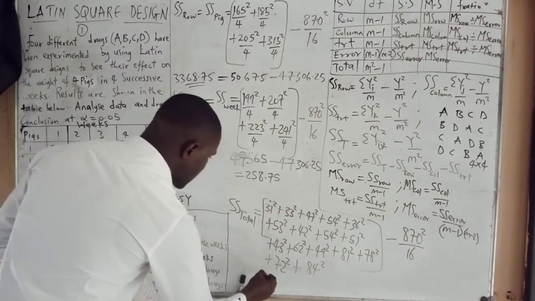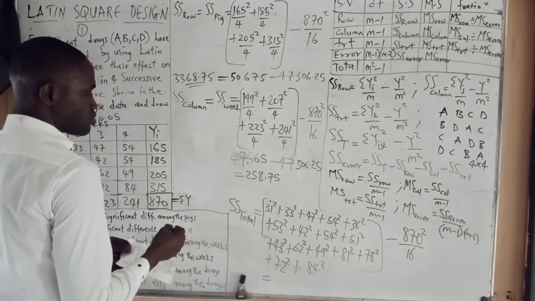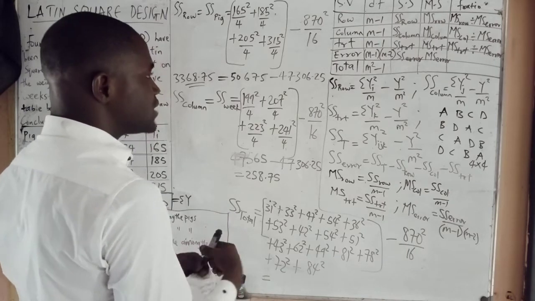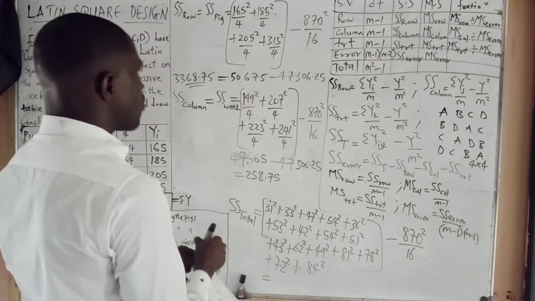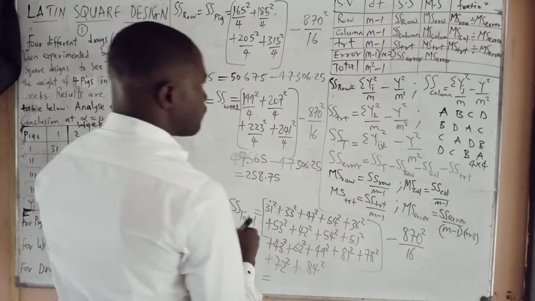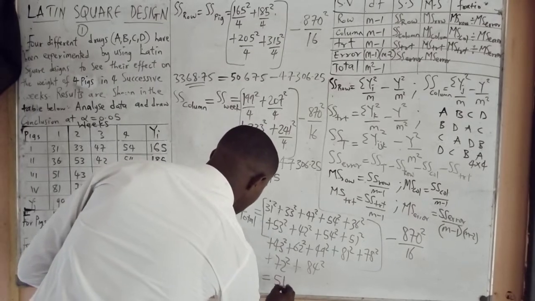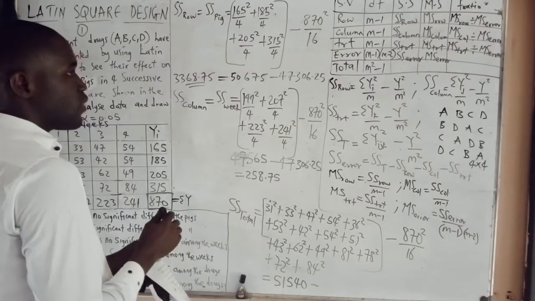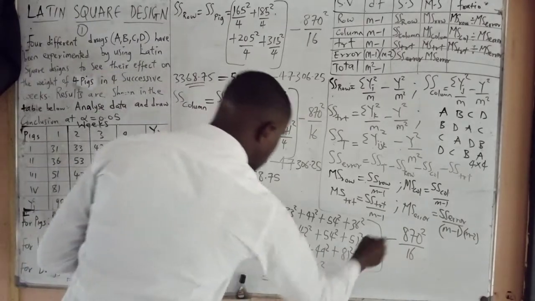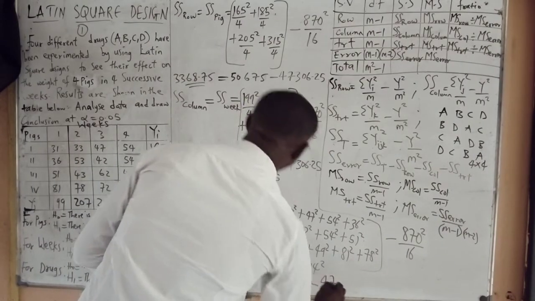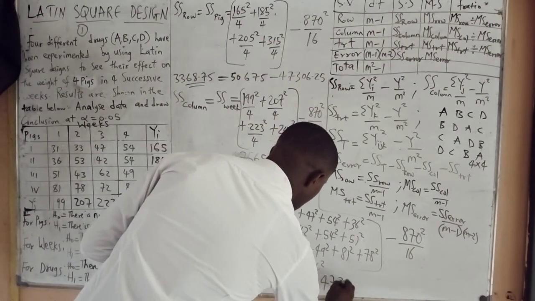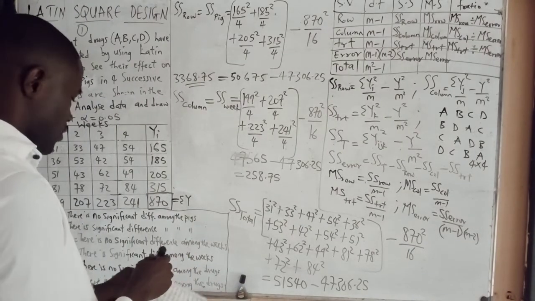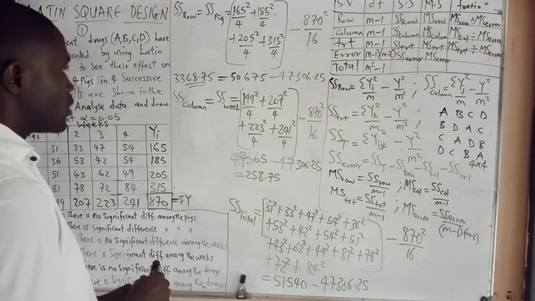Once you compute this, it will be giving you that your SS total equals 51,540 minus 47,306.25.